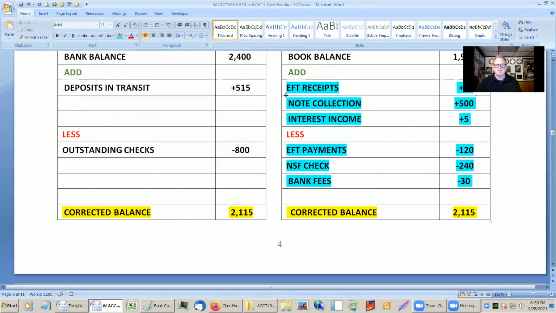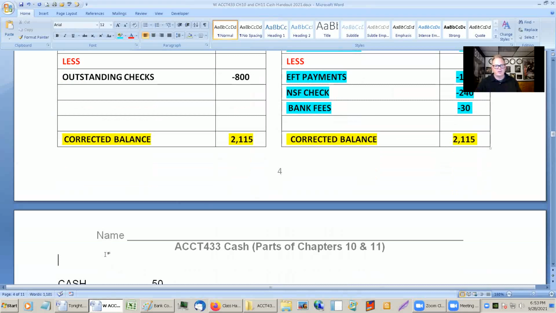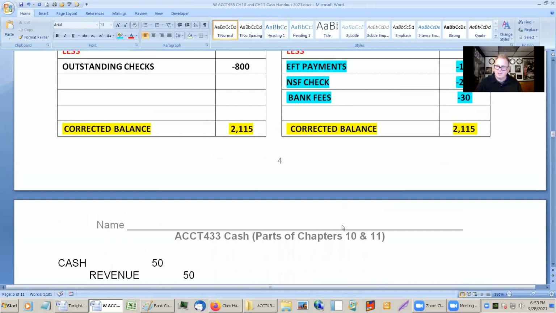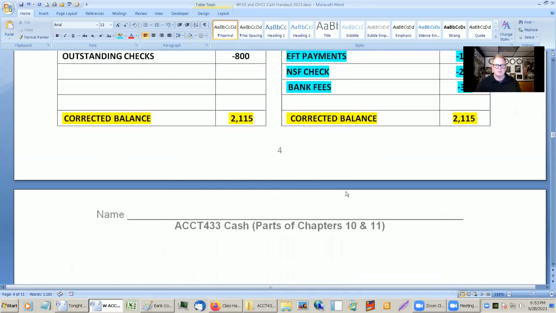For each one of these, you're going to have a journal entry to correct the balance, so that this is the balance that should be on your books after you do the bank reconciliation, 2,115.